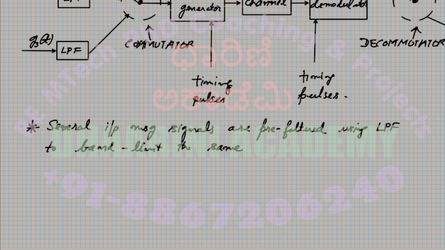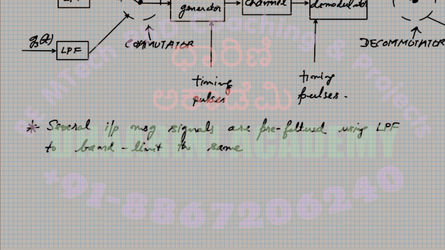You select it in such a way that you use a sampling frequency more than twice this band limited value. So you remove the high frequency components that are not needed.